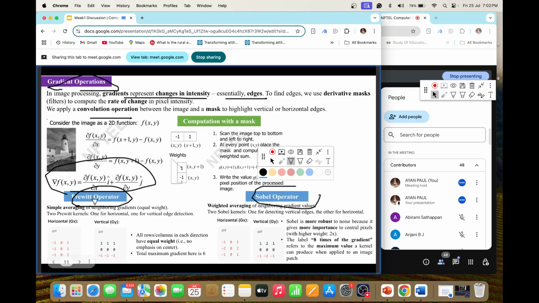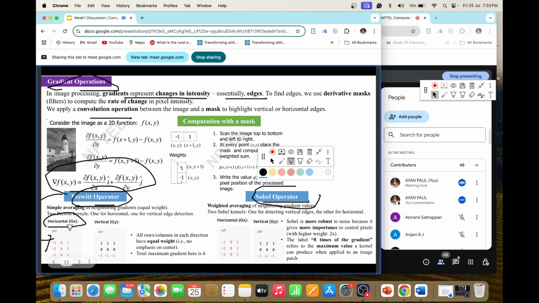So what the Prewitt operator or the Sobel operator does is give us these mask values. These are the mask values for the Prewitt operator, and these are the mask values for the Sobel operator. You have to keep these mask values in mind, because questions generally come from this.